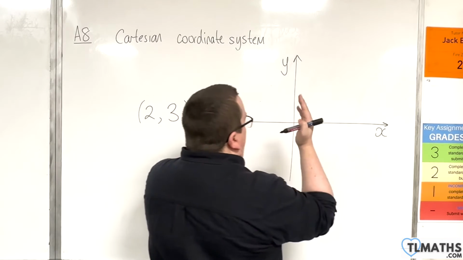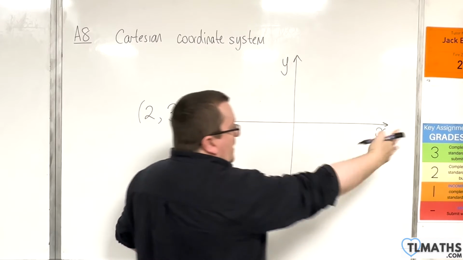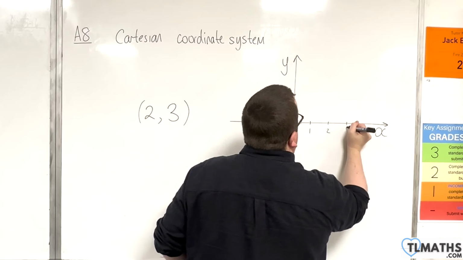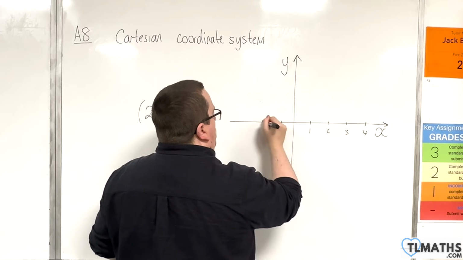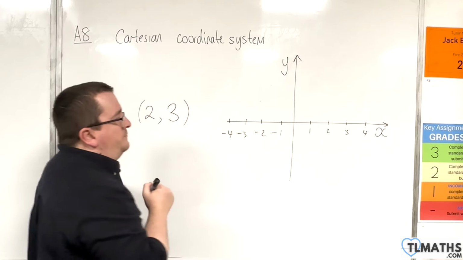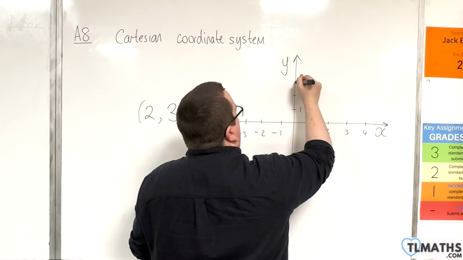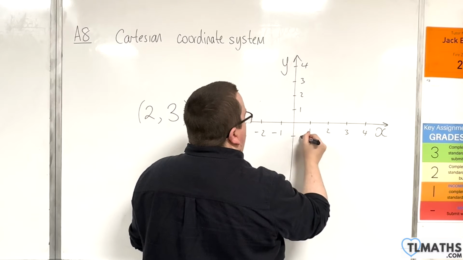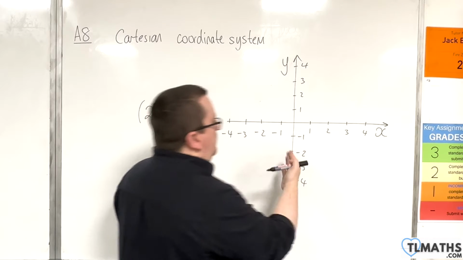Well, you can split the grid up into whatever denominations you want, but you could go 1, 2, 3, 4 along there, and then back along here we'll have -1, -2, -3, -4, etc. Then going in the positive y direction, we're going 1, 2, 3, 4, etc. And then going down again, -1, -2, -3, -4, going downwards.